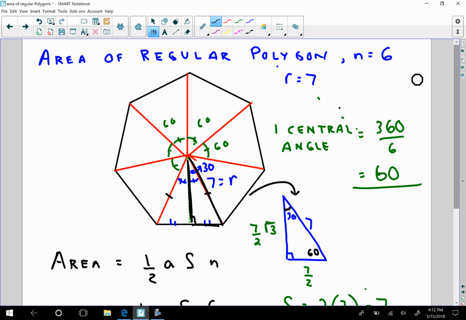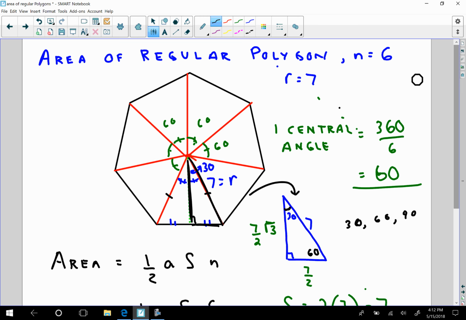And now I can look at the properties of a 30, 60, 90 triangle, which says the short leg is 1/2 of the hypotenuse. In this case, the hypotenuse was 7, so I know this measure is 7/2.